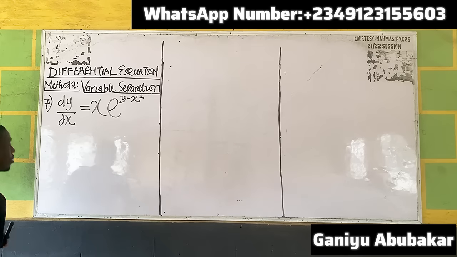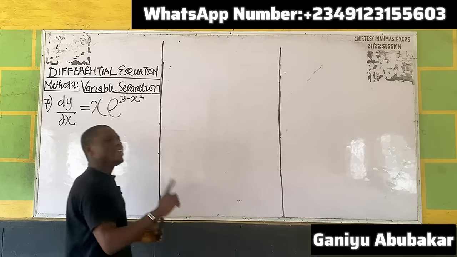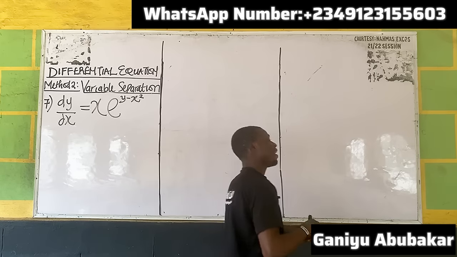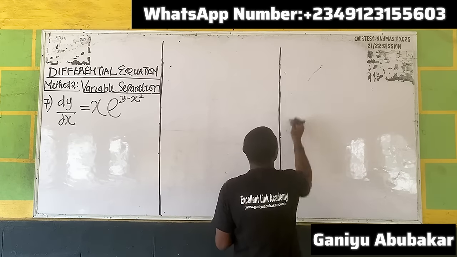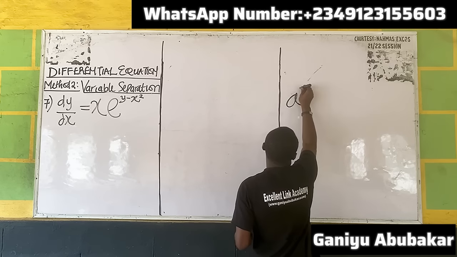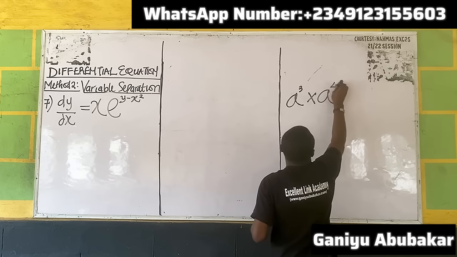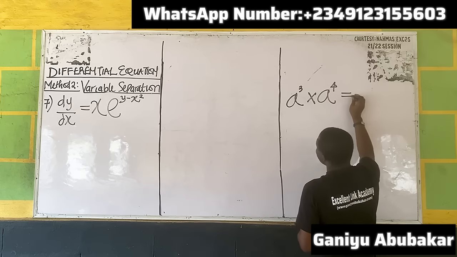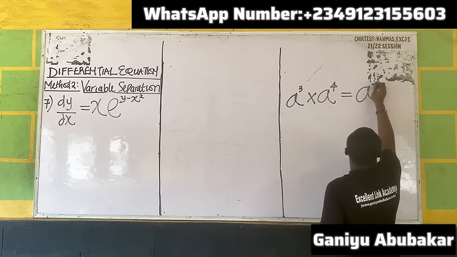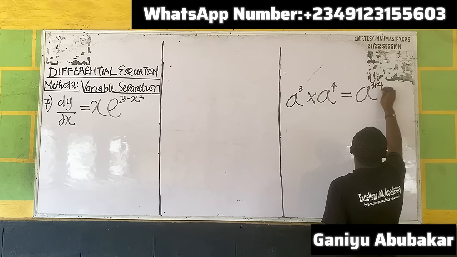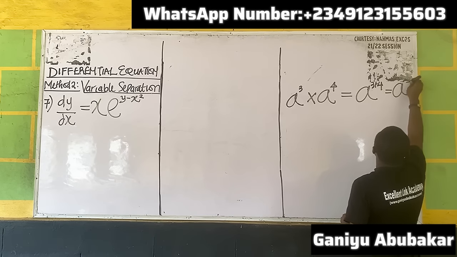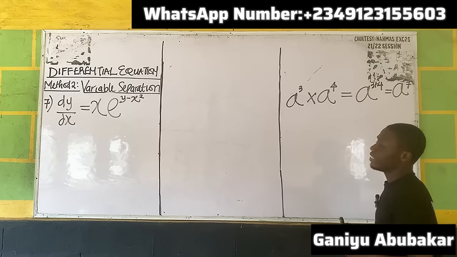Here's the catch. From indices, we know that if I have a to the power of 3 times a to the power of 4, this can be written as a to the power of 3 plus 4, which is a to the power of 7. This is indices.